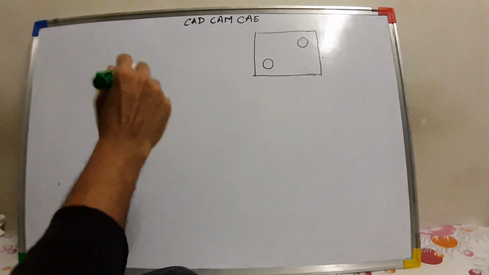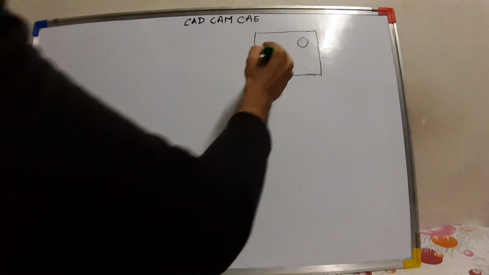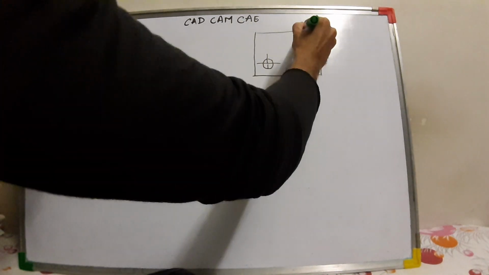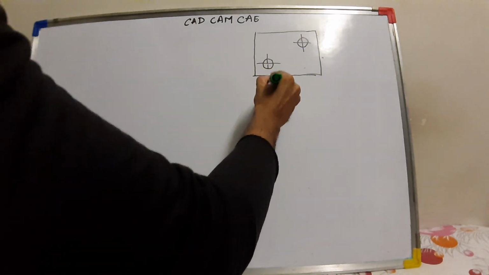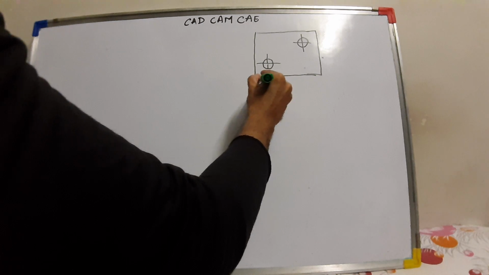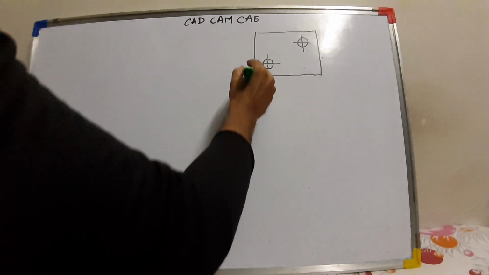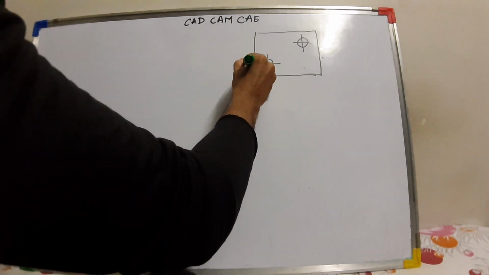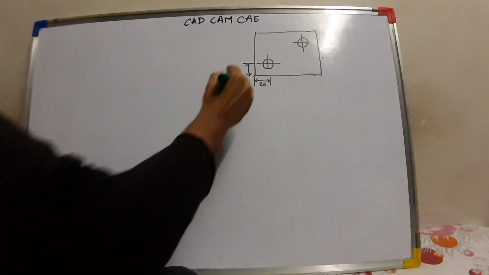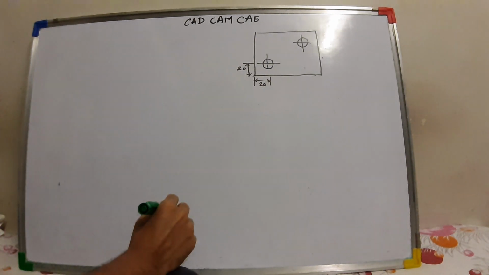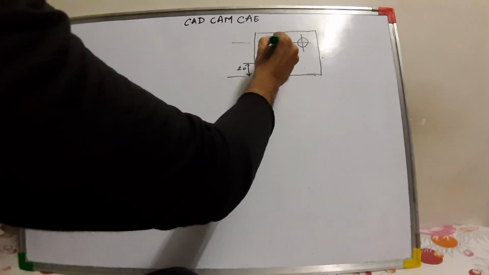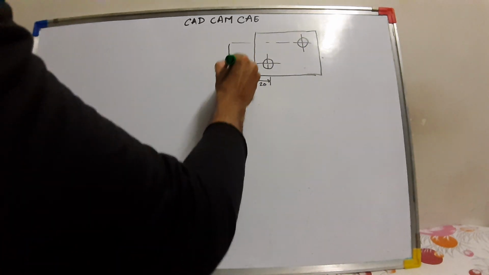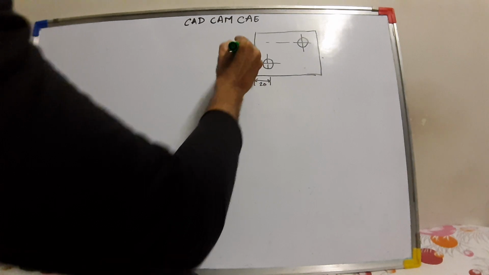We are supposed to drill 2 holes. Okay, so here the distance from the reference is 20, and I guess this is also 20. Okay, and here the distance, this is 50.